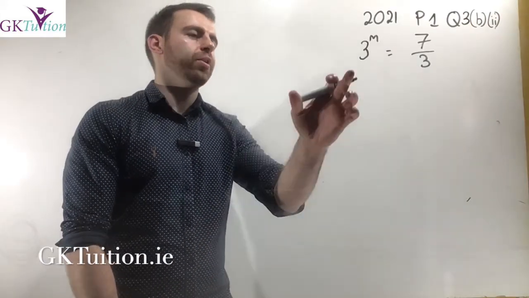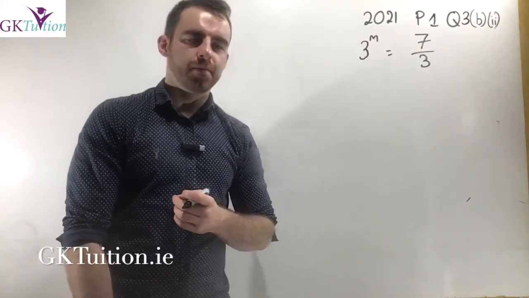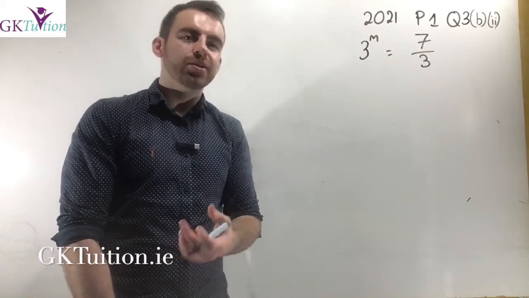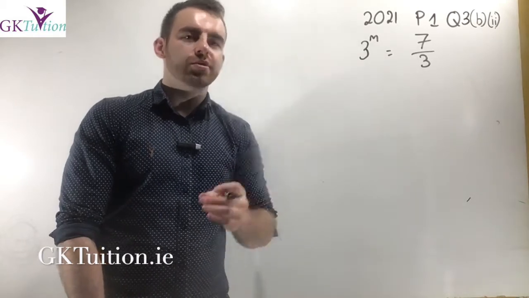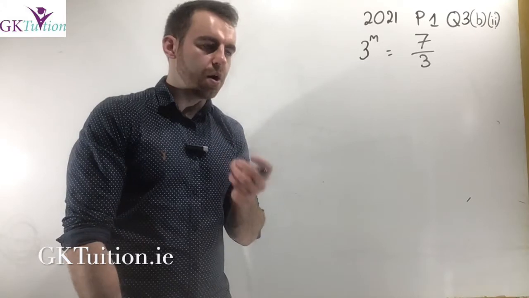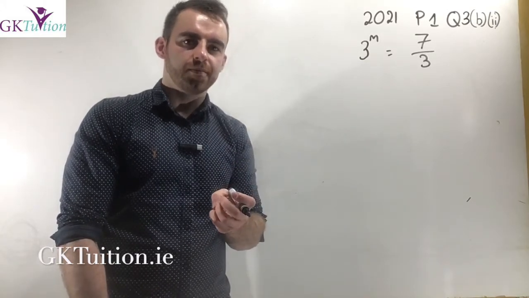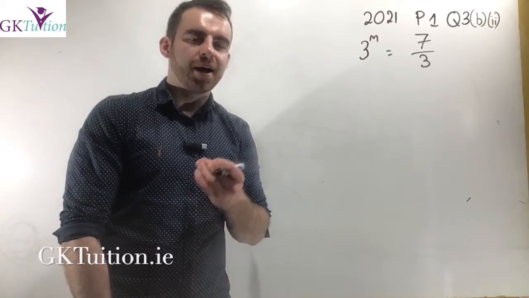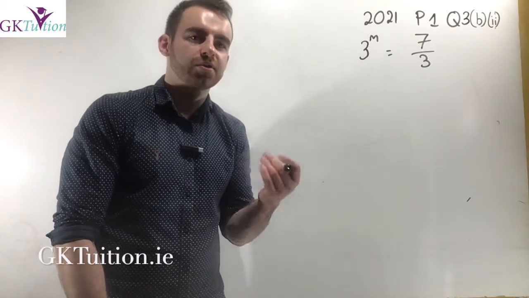Okay, so now we have 3 to the power of m equals 7 over 3. Now the unknown is in the power. And usually, in all the videos we do in indices and logs, when we're introducing logs, we introduce the natural log. However, there's good reason not to introduce the natural log here. You should recognize we've been told a format to leave our answer. And in our answer, we have to have a log to the base 3.